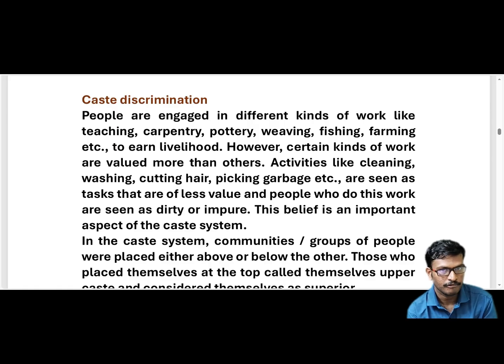You have studied about the Varna system in previous classes. Brahmins are superior to Kshatriyas, and Kshatriyas are superior to the next. Sudras are the last of the four Varnas.